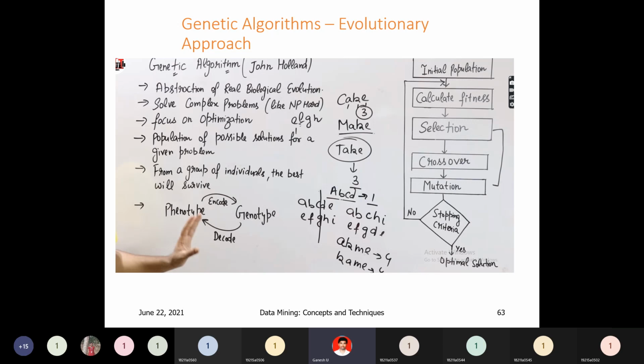Next, from the mother, the kid takes D, E features. So this is E, F, G, D, E, that is the second case. Like that, the kid consists of both mother and father features. That is a crossover: some mother features, some father features, or otherwise some more father features and some mother features. Like that, a kid consists of different features. So this is the crossover property.